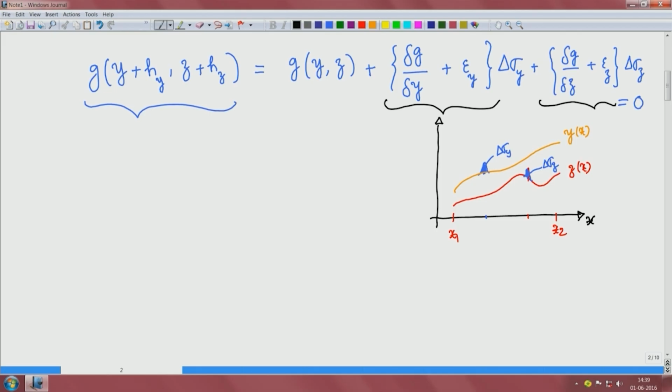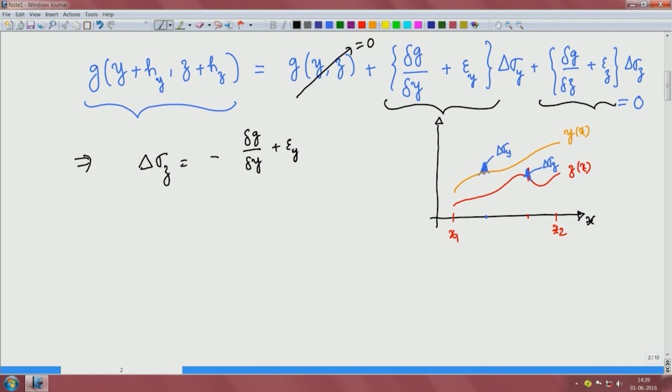When you have such a thing and it is equal to 0, we can express one perturbation in terms of the other. So, what we say here is this anyway is equal to 0, because if y and z are minimizers, they must satisfy the constraint. The constraint is g equal to 0, that will be satisfied. Okay. And that leaves us that we can express delta sigma z in terms of delta sigma y. So, that will give us minus del g del y, that is a variational derivative.